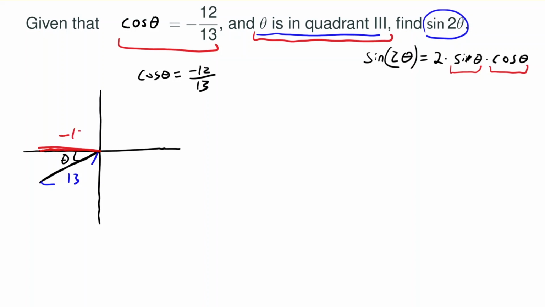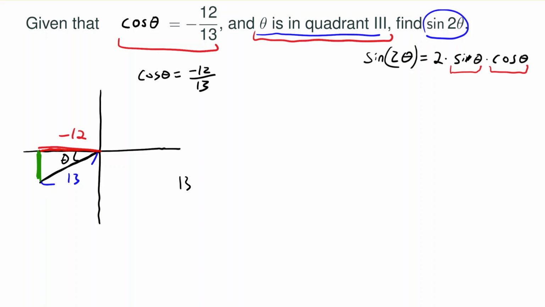This is negative 12 because on the left side of the y-axis, it should be negative 12. But then we need to find now sine theta, which means we need this distance. We find this distance and we divide the distance by 13, the radius length or hypotenuse of a right triangle. So in order to find the distance, we need the Pythagorean theorem.